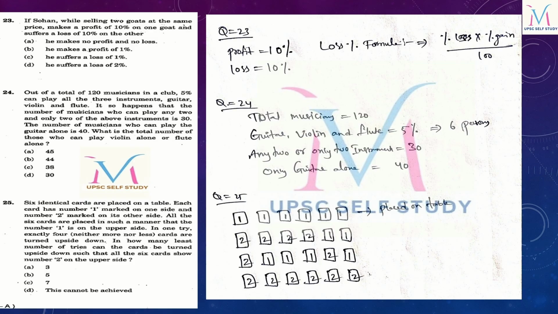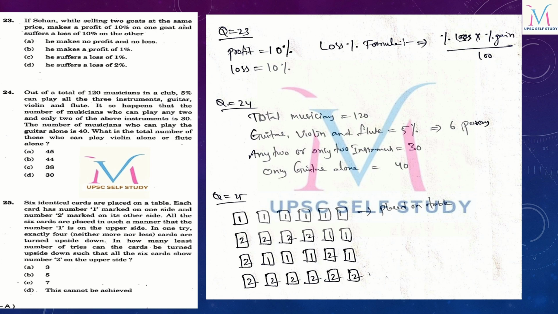So 10 into minus 10 is minus 100, by 100. Okay, see again, the loss formula is equal to percentage of loss into percentage of gain by 100.